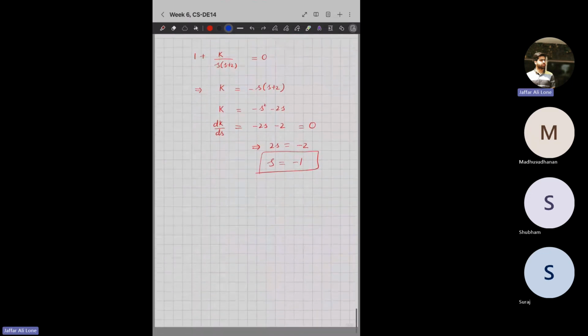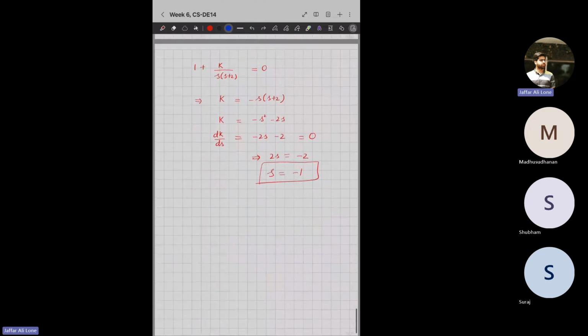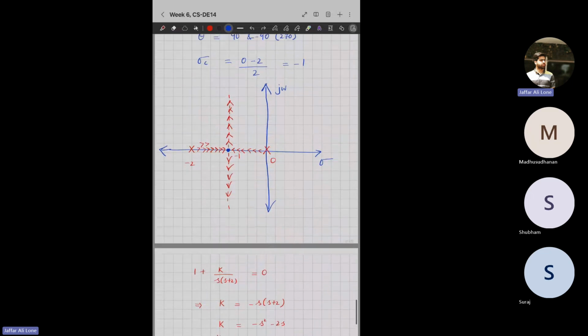So now one last point, and at that point we will end today's lecture. This is my breakpoint. From this breakpoint or centroid, there are only 4 directions.